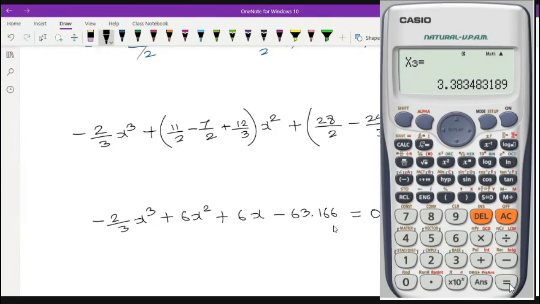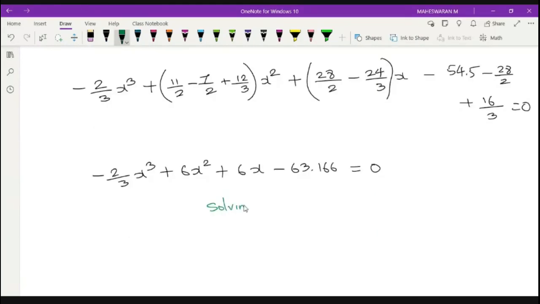So it is in between, which is 3.383. Okay, so this is the correct location where you have maximum displacement. So this is what I am going to consider. So solving here, my right x value is 3.383 meter. So this is the location where I have maximum deflection.